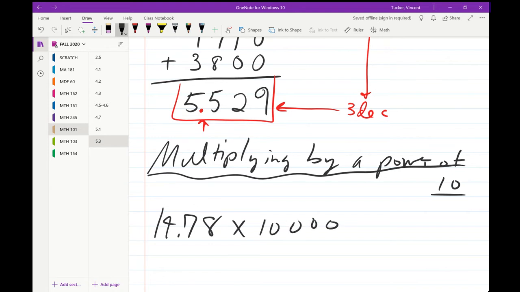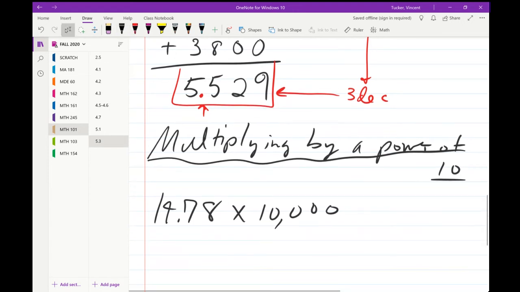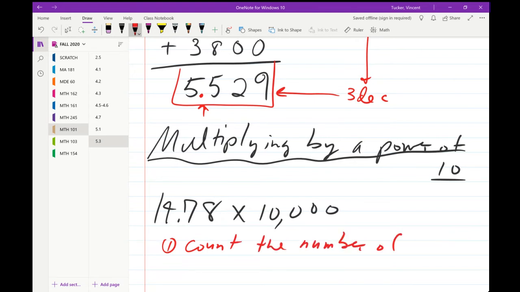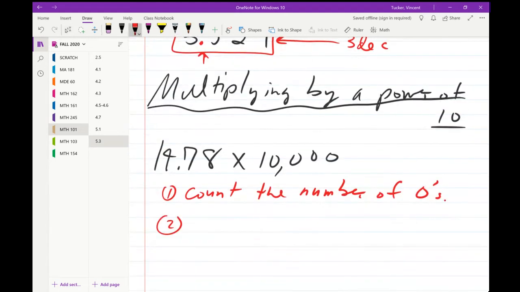So if I'm multiplying by a multiple of 10 or power of 10, I'm going to first count the number of zeros, and then move the decimal place.